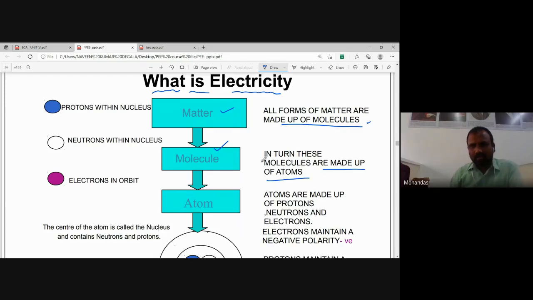And again, these molecules are made up of these atoms here. And these atoms also are made up of protons, neutrons, and electrons. This atom is the smallest particle of the substance.